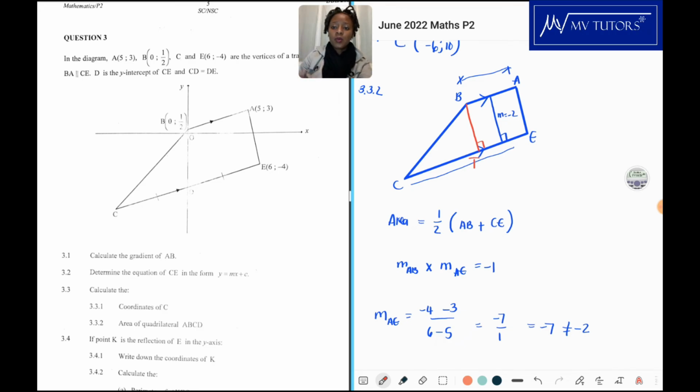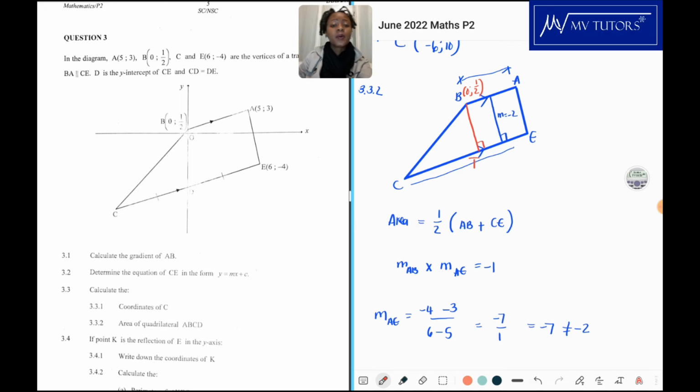I know the gradient is -2. I need a point, and we have a point for B, which is (0, 0.5). So I can get the equation of BT. Why do I want the equation of BT?